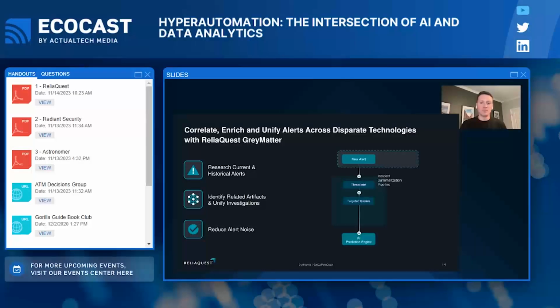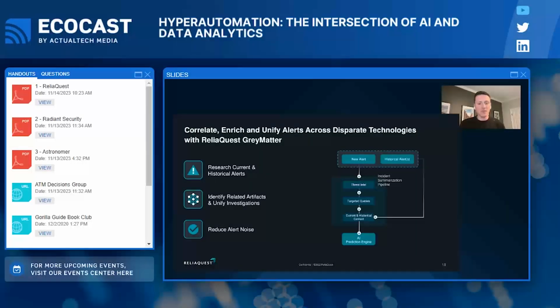Based on those findings, we then can use targeted queries that we connect out to the connected technologies, whether that's a SIEM or a data lake, whatever repository you may have, to find where those malicious indicators live, and any relevance they may have to the alert that we're actioning on in the moment in time.